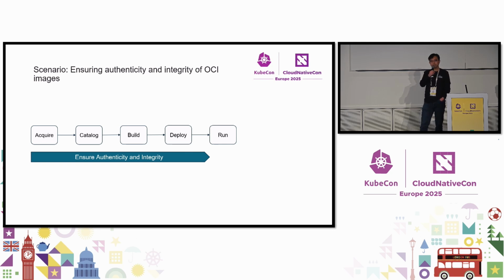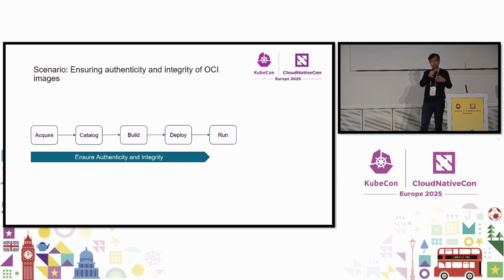After you acquire those images and want your internal team to use them, you put them into a catalog registry. Normally you will do vulnerability scanning and generate vulnerability reports, and in some cases you even patch those images before the upstream has the new version ready. For those newly patched images or vulnerability reports, you can use Notary Project to sign them.